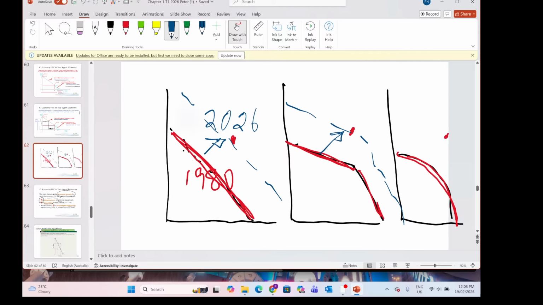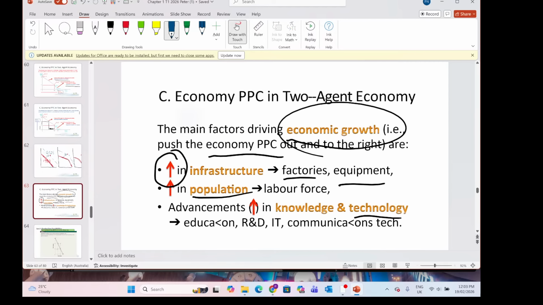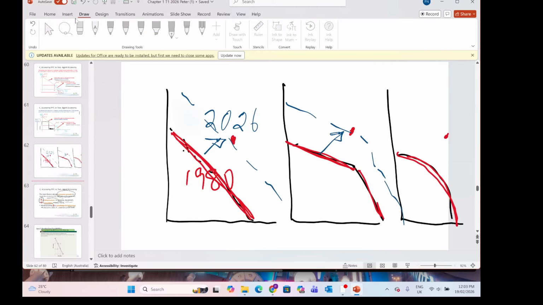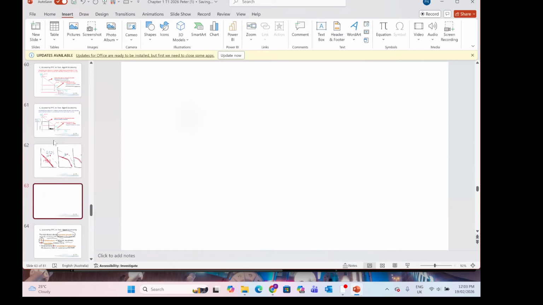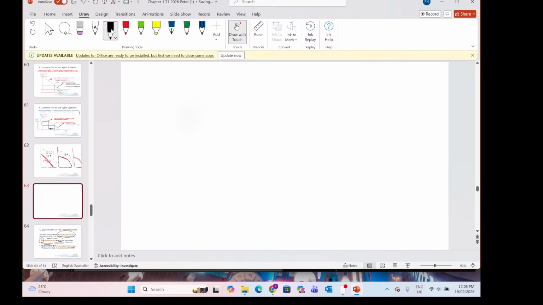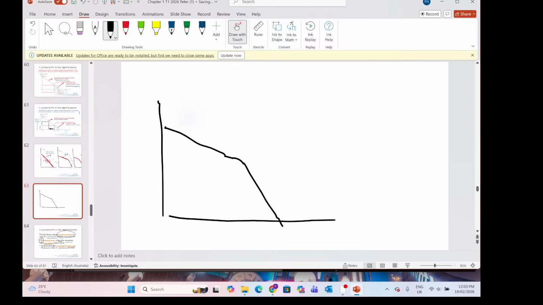But while we are in this topic, thinking about our production possibility curve, let's redraw our production possibility curve. That's limiting what we can produce.